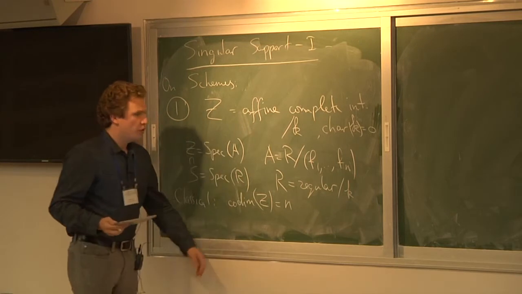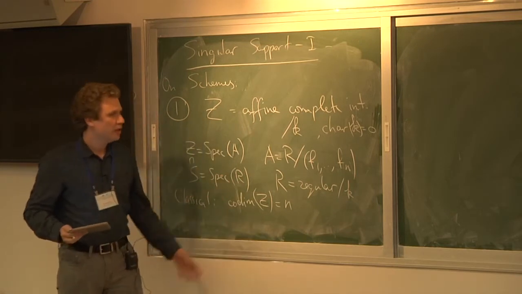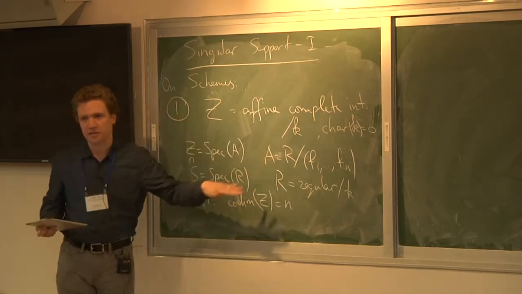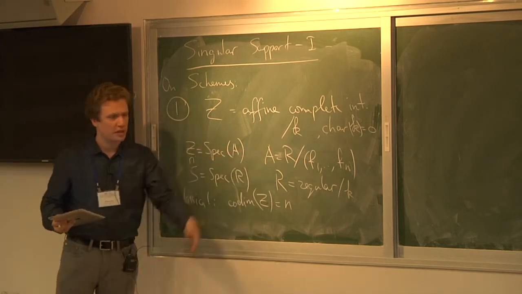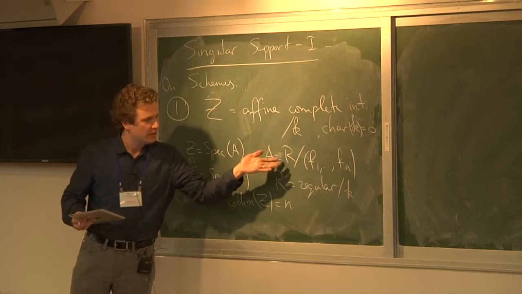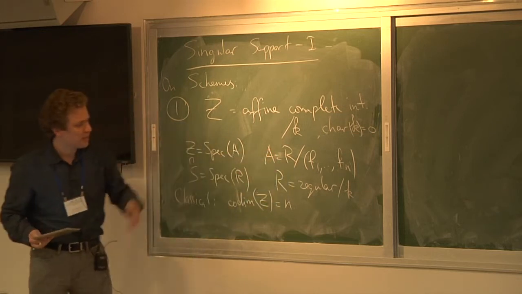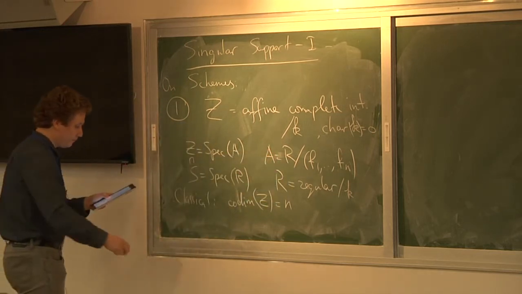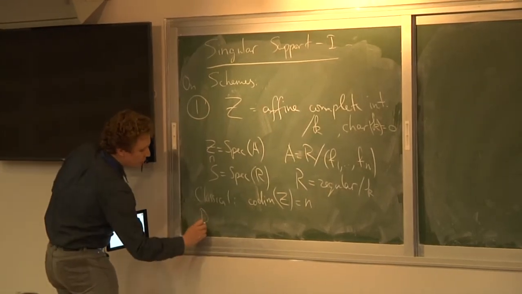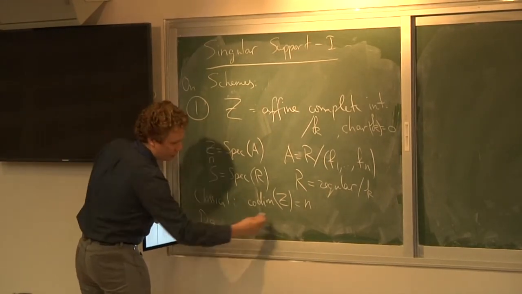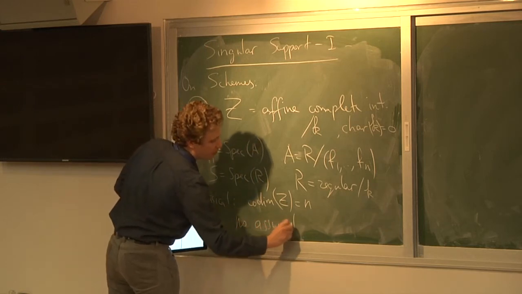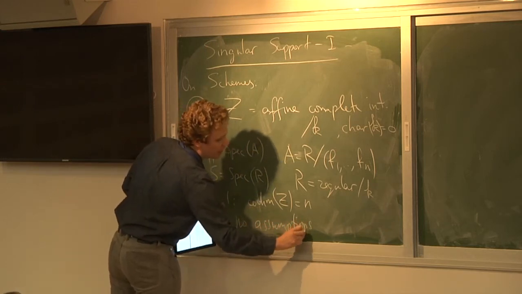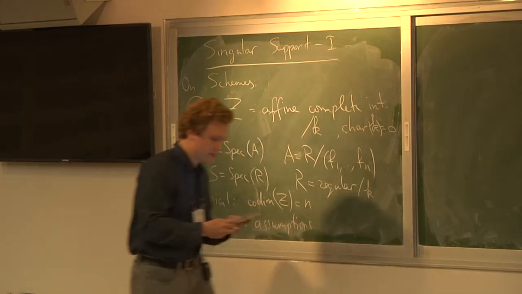Or you drop this assumption, but then you really do need to consider this as a DG scheme. Fortunately, it's an affine DG scheme, so you just represent it explicitly by a Koszul resolution. So DG, no assumptions, but the setup is slightly different.